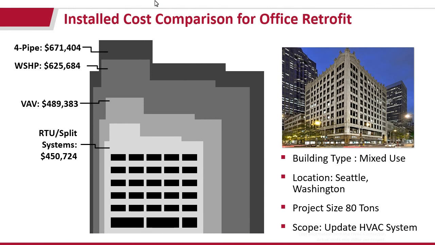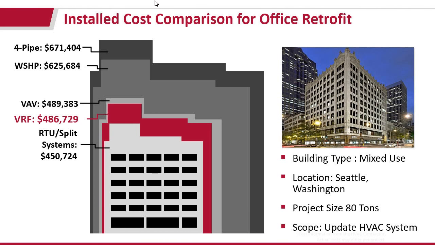And then in terms of cost, we have a breakdown for a building in Seattle. It was a multi-use project with 80 tons of cooling, and they did a comparison. Here's where VRF came in. Notice that VAV is actually a little more expensive, which would then get you that individual zone control, as opposed to the RTU or split systems where, if you were on the RTU, you'd have to give everybody whatever mode the RTU is currently in.